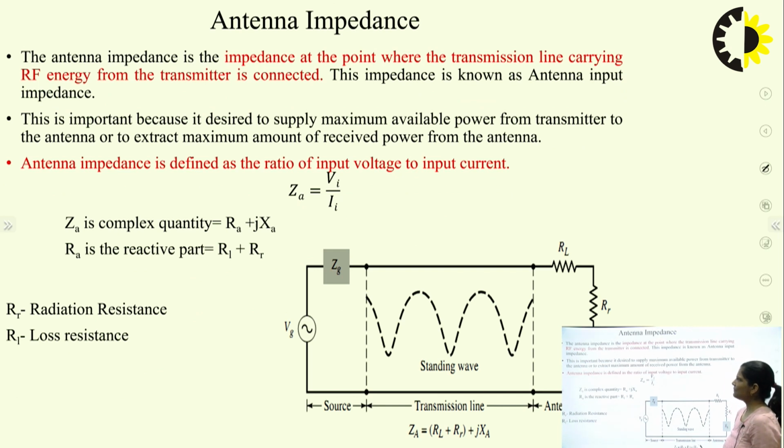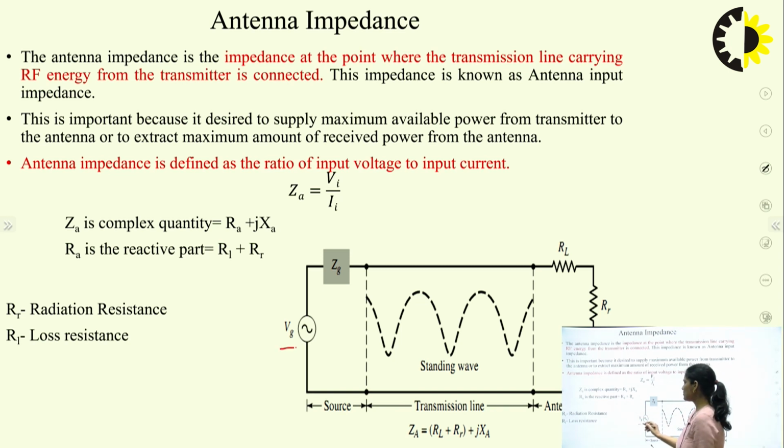Now the next parameter, and the last parameter of the antenna, is antenna impedance. Antenna impedance is the impedance at the point where the transmission line carrying RF energy from the transmitter is connected. This is known as the antenna input impedance. Let us consider this circuit diagram.